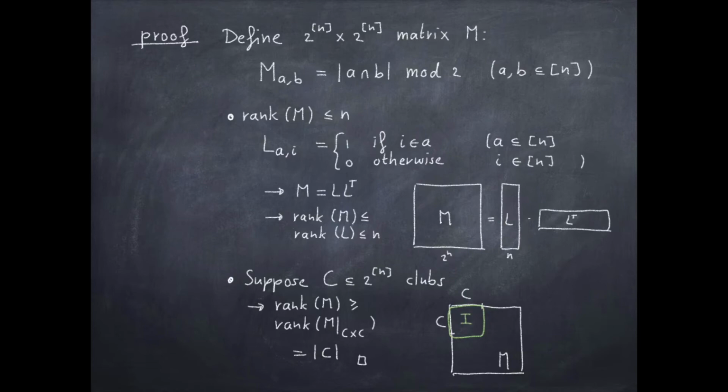On the other hand, if the two clubs are different, then they share an even number of members, so the corresponding entry in the matrix is 0. But this implies that the rank of the matrix M is at least the size of C, at least the number of clubs. So this concludes the proof.